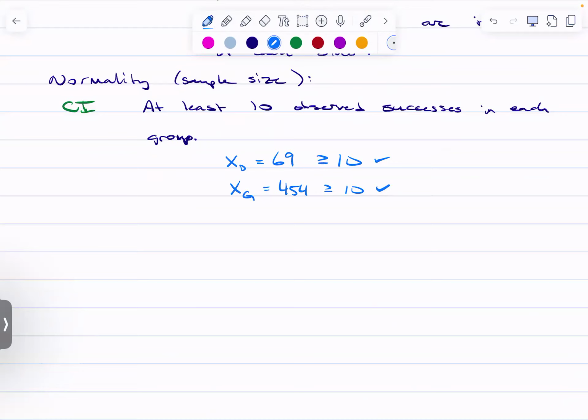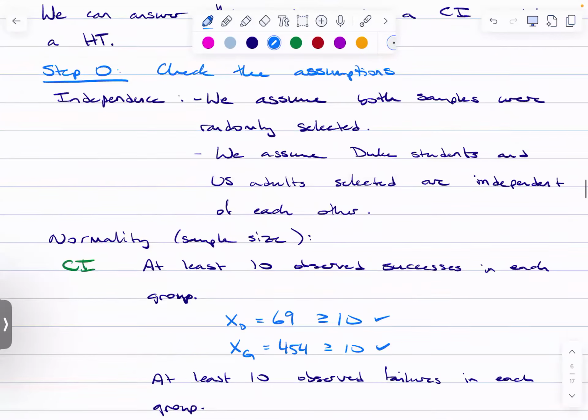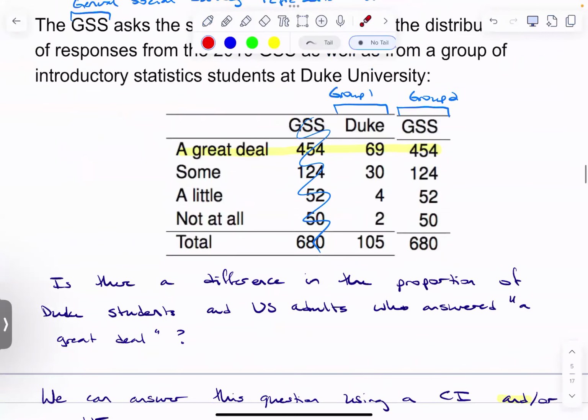But if I've only given you the proportions in each group, then you would need to figure out what your number of successes is. Then I need at least 10 observed failures in each group. If my total sample is 105 for group 1, and 69 of them were successes, then the remainder would have to be failures, right?